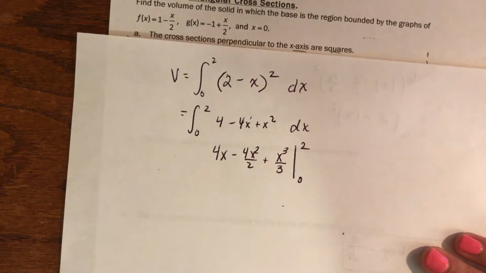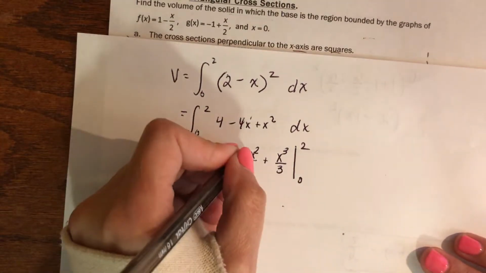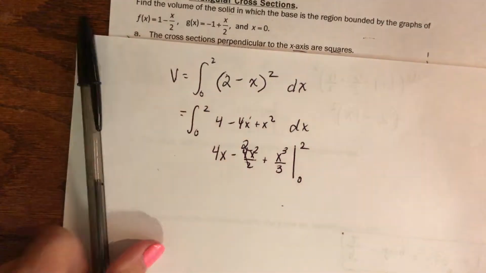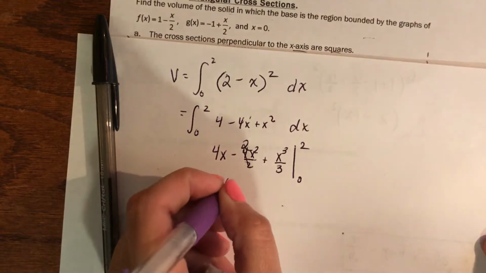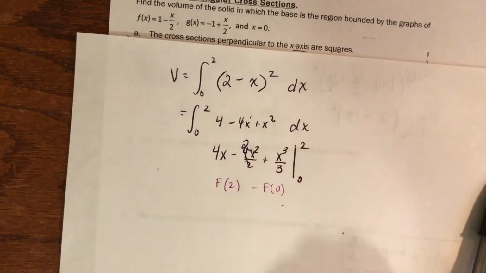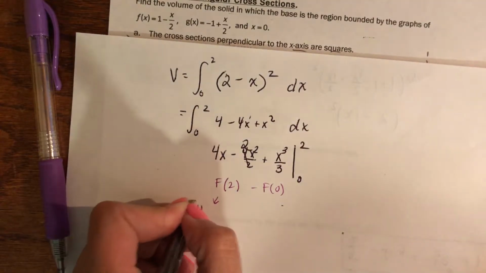Okay. You can simplify this to 2. That'll probably make your life a little bit easier. So if we want to do, again, fundamental theorem of calculus, F of 2 minus F of 0. Okay. Where F of 2, we plug in wherever we see an x, a 2.